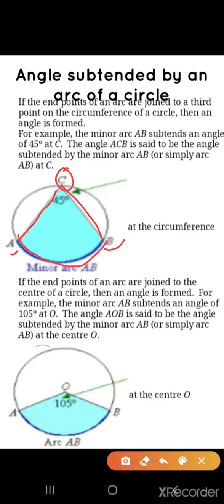This angle is formed by joining the endpoints A and B to a third point on the circumference of the circle, that is C. This angle is the angle subtended by the arc AB at the point C on the circumference of a circle.